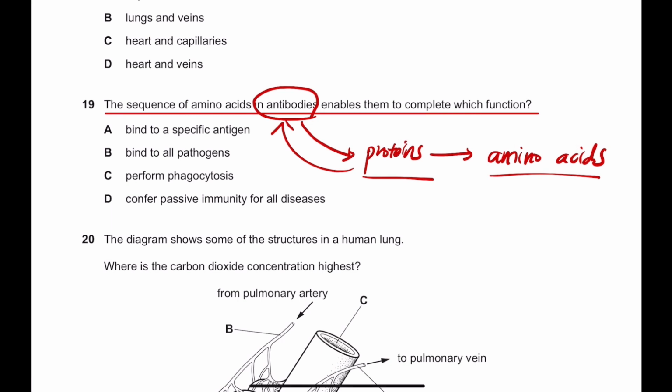Okay, so what does that mean? That means that the shape of the antibody will change, and the antigens that bind to the antibody can vary.